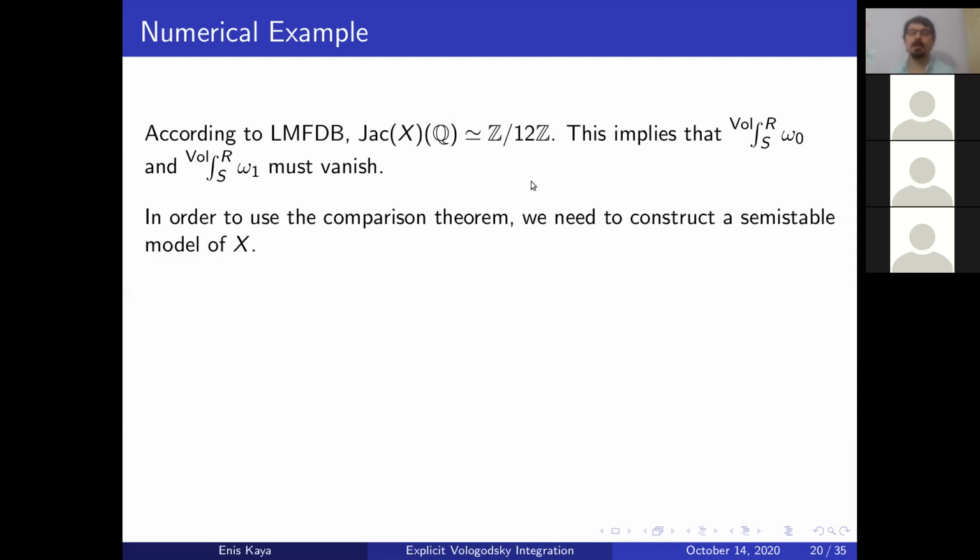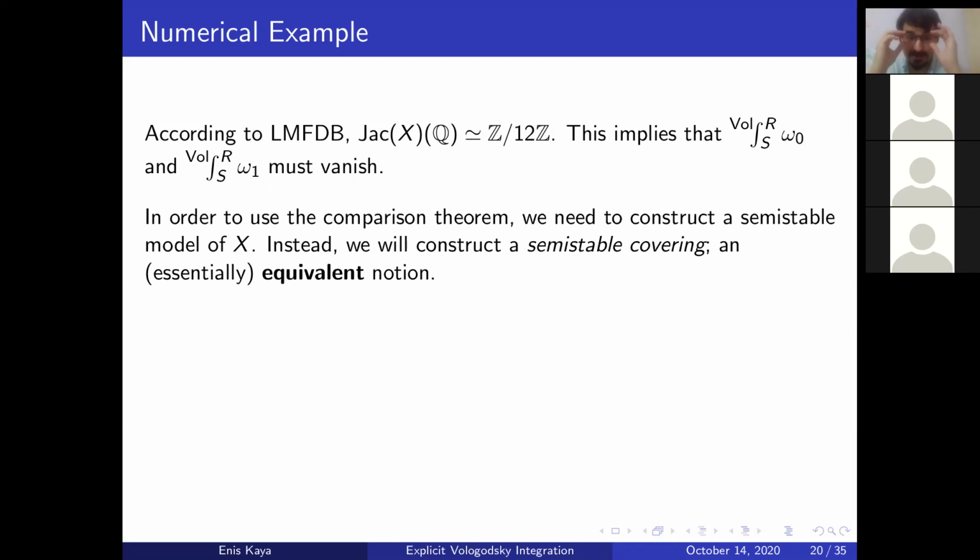Okay, we will apply the comparison theorem, and we need to construct a semi-stable model. Well, actually, we will construct a semi-stable covering. I am not going to define it properly, but let me say that this is an essentially equivalent notion.